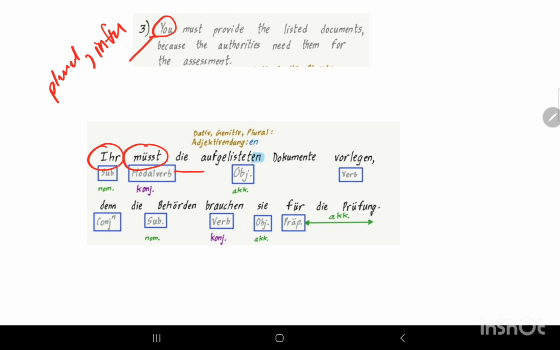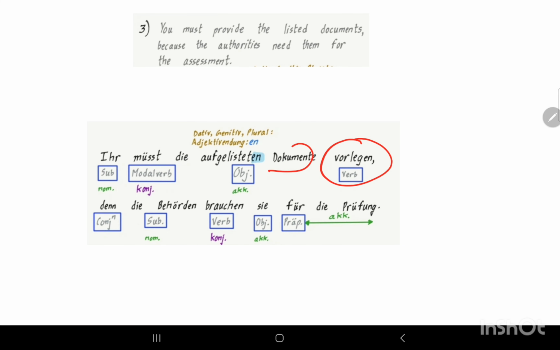So you have ich muss, du musst, er, sie, es muss, wir müssen, ihr müsst, sie, Sie müssen. So müsst. Here, ihr müsst die Dokumente vorlegen. So vorlegen is to provide. There are other ways to say provide, but this is the most correct one, accurate one, if you ask me.